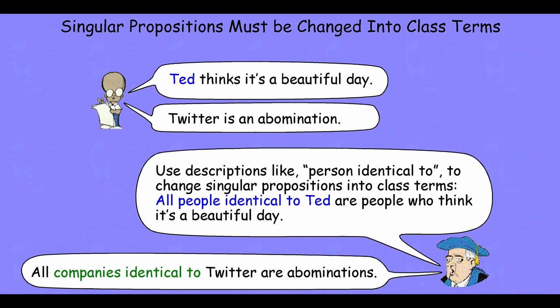In short, just as when I introduced noun phrases to convert subject or predicate terms that didn't actually pick out classes of things into subject or predicate terms that did, when I talk about an individual, I need to change the way I pick out that individual such that I pick that individual out in terms of a class containing only that individual as a member. And thereby I can now fold these kinds of sentences into my logic about classes and relationships between classes.